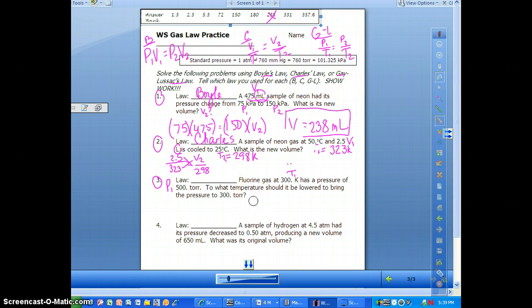P2 is given here as 300. To what temperature, T2, is what we're solving for. And since this one we're given pressures and temperatures, we can see that that's going to be Gay-Lussac's law.